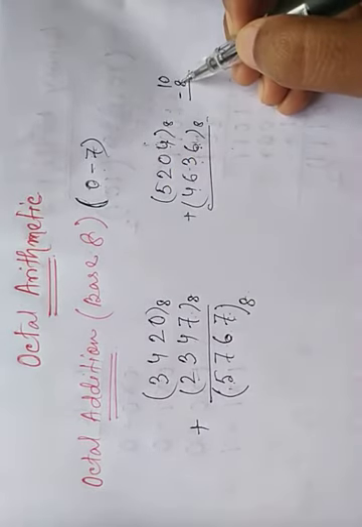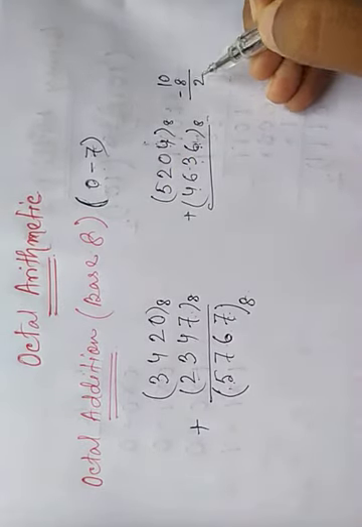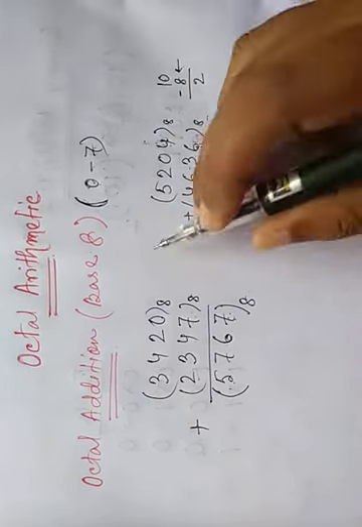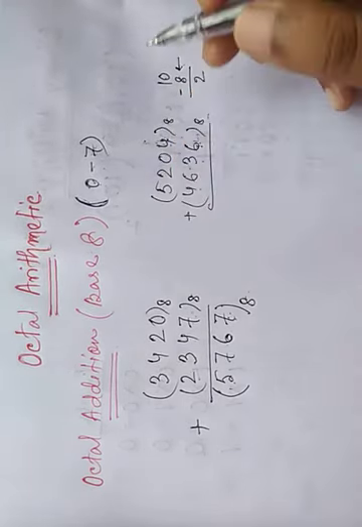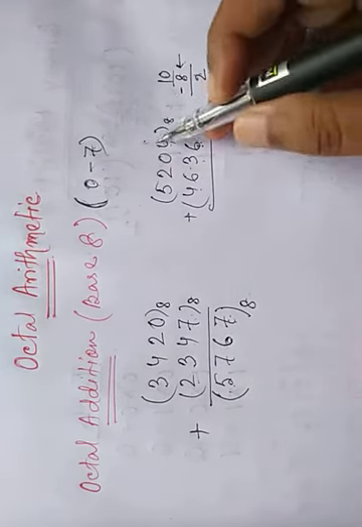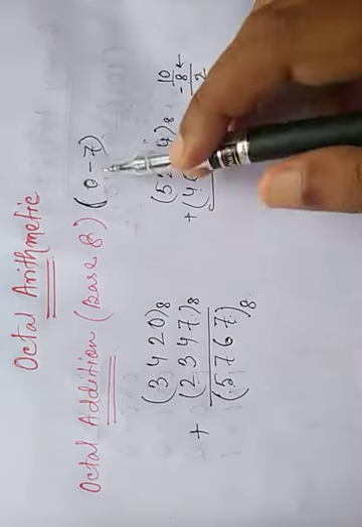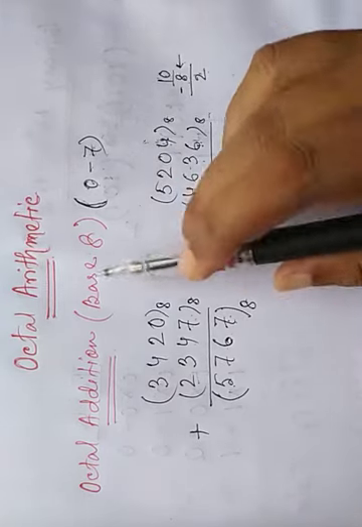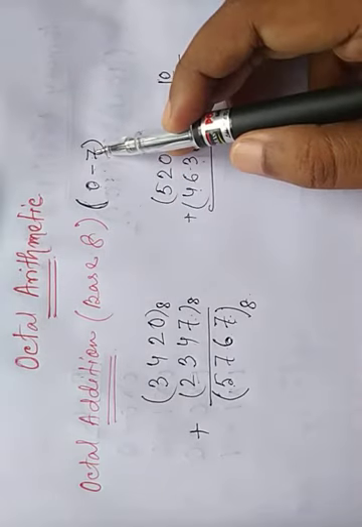So what we get? We get 2. So after adding, if the number is greater than 7, we have to subtract it with 8, as the base is 8, not 7.